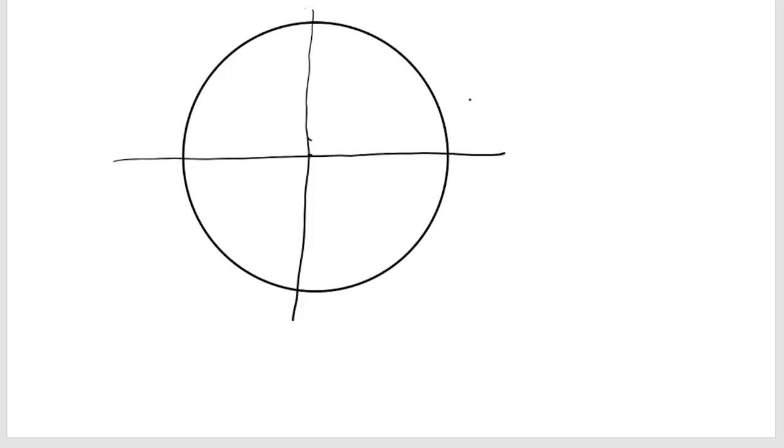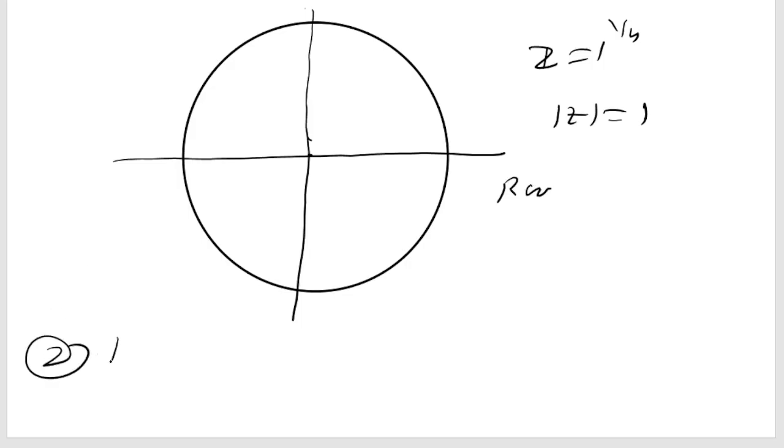Here z is equal to 1 to the power 1 by n. Taking the modulus, the locus on which the roots will lie is a circle. We can say the roots lie on a circle with center at the origin.